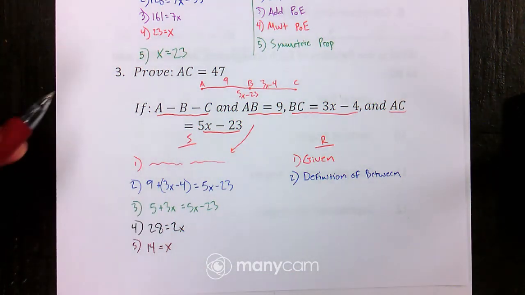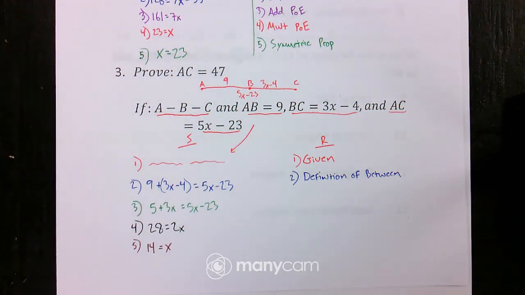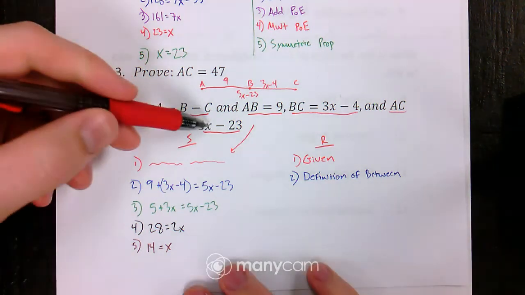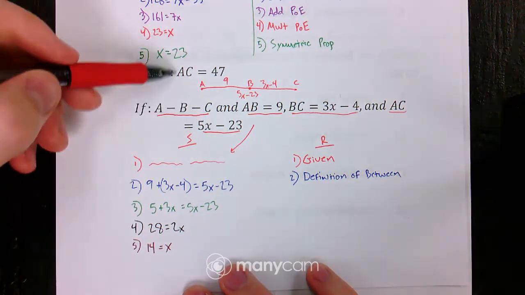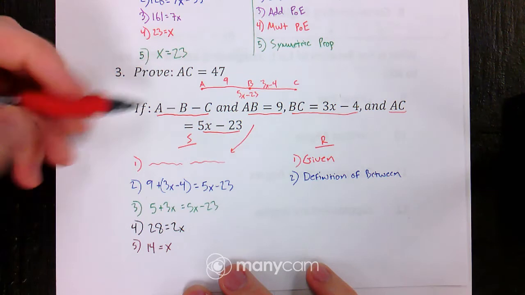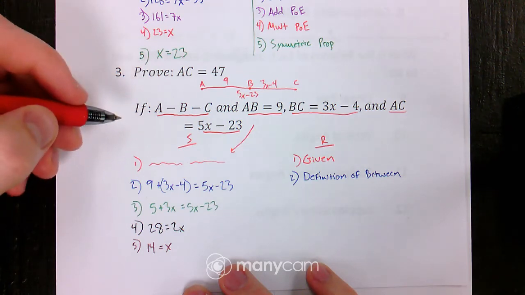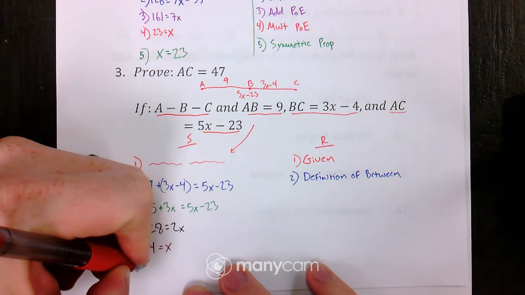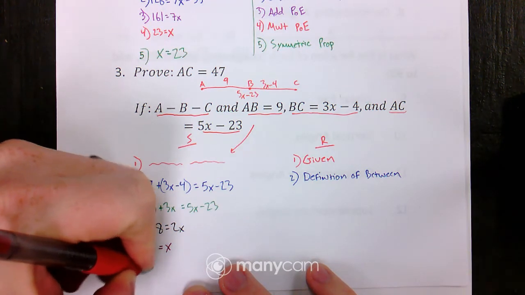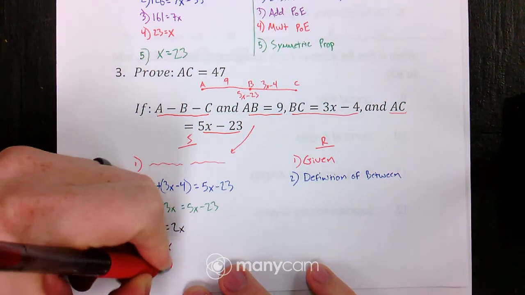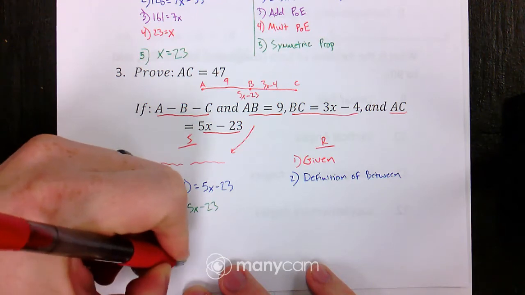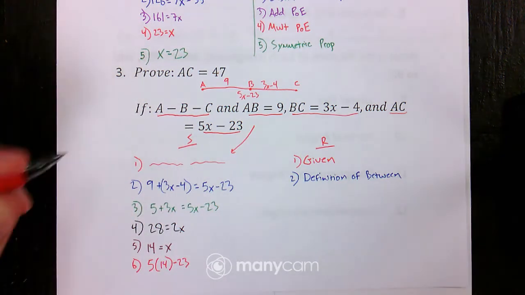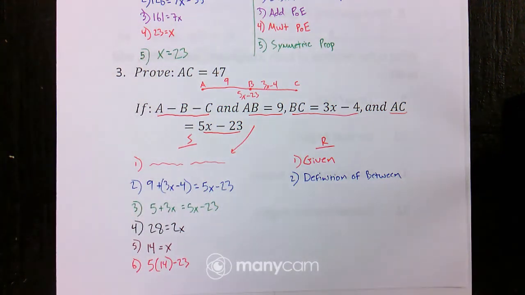We're not done yet, because I know x equals 14. I have to substitute that into my original 5x minus 23, because it's saying what is AC. That's what we're trying to look for, right? So AC, I would say 5 times 14 minus 23, substitution, and I solve that out.